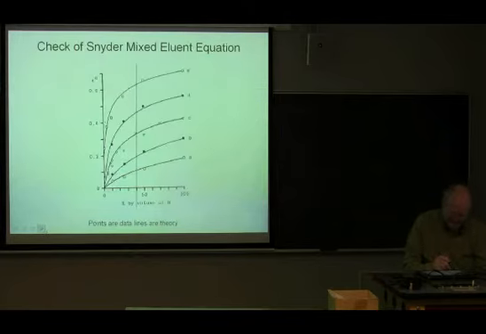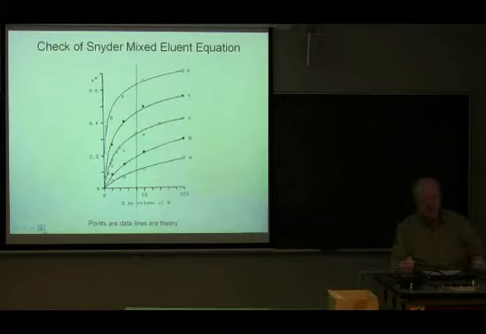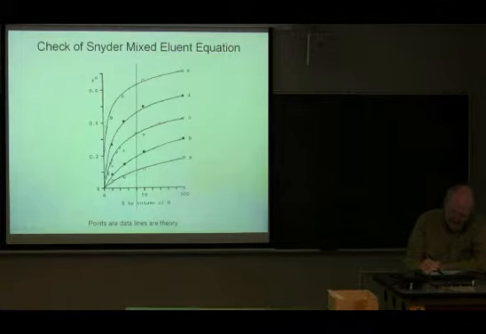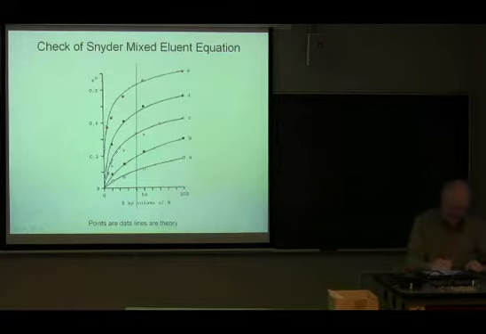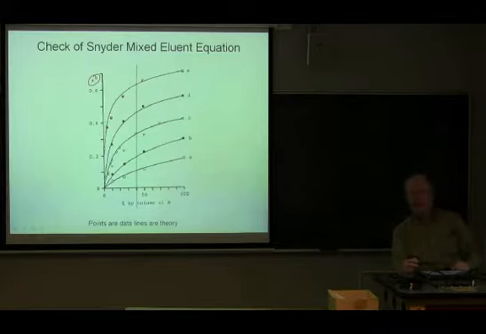Okay. There's actually an experiment that shows that his equations are correct. In the figure, the symbols are measurements of relative solvent strength, epsilon naught, and the solid lines are the equation that I just showed you.